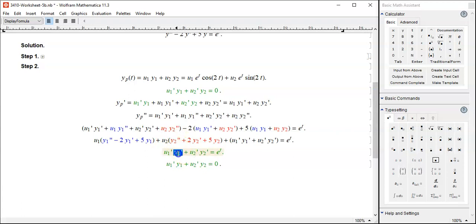And then for y1' and y2', you have to do some derivative computation, but if you put those in and solve the system of linear equations, you're going to get u1' and u2'. That's the idea.